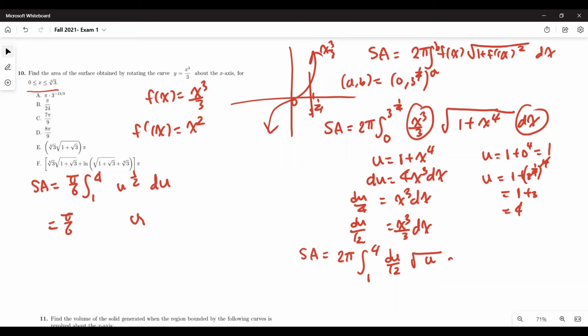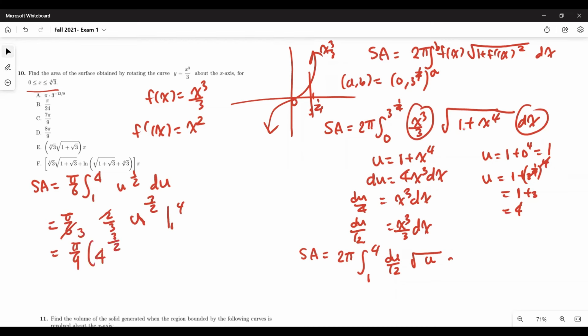Pi over 6 times u to the 3/2 times 2 over 3, from 1 to 4. So this will just become pi over 9, because if you multiply pi over 6 and 2 over 3, the 2 will cancel out with the 6, and then 3 will be left, so pi over 9.